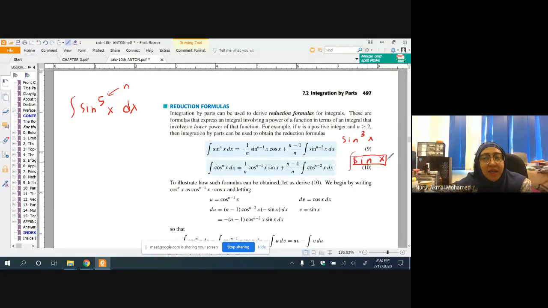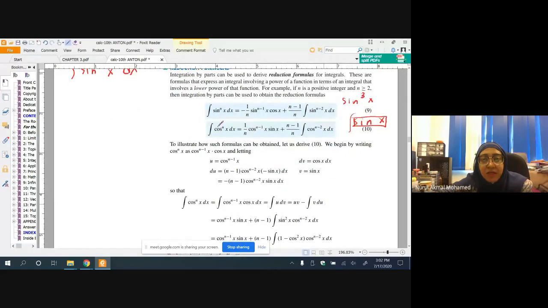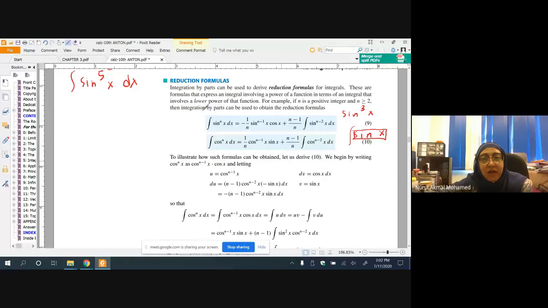Integration of sine x is just negative of cos x. So these are two important formulas, your reduction formulas, whenever you have a higher order of trigonometric function, sine and cosine.